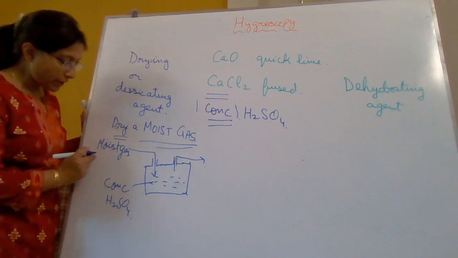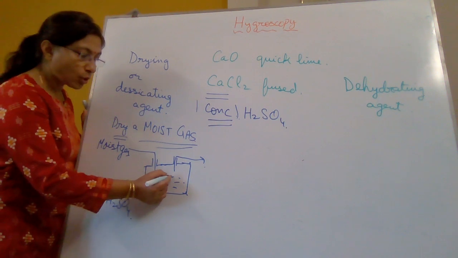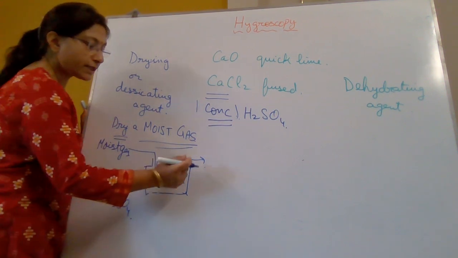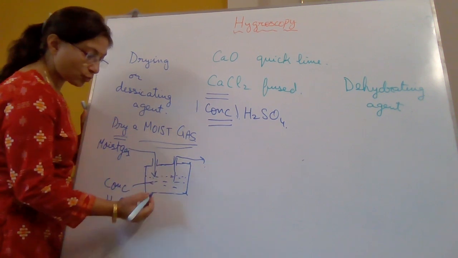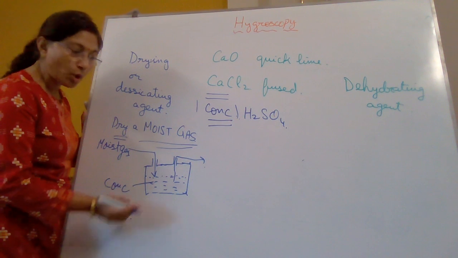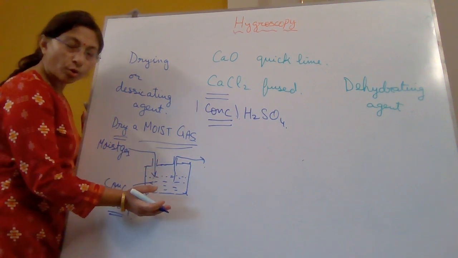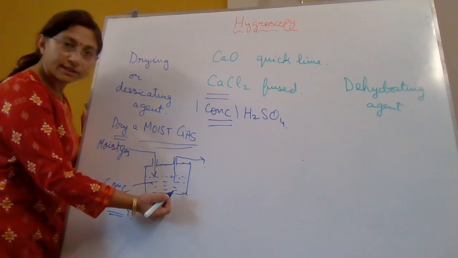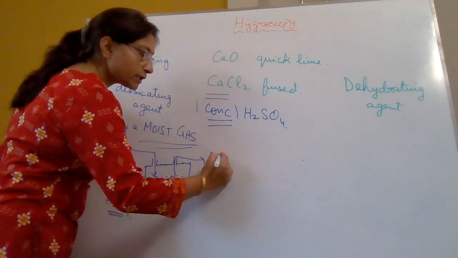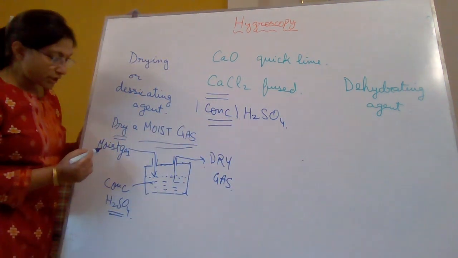So what will happen when the moist gas is passed through this concentrated sulfuric acid? After passing it through this, the concentrated sulfuric acid will absorb all the moisture, and after absorbing the moisture, obviously it's a gas, so it will liberate, and whatever gas is given out will be your dry gas. So can you see the difference?